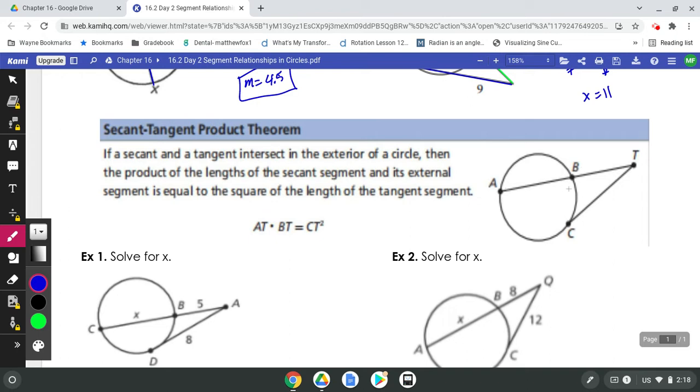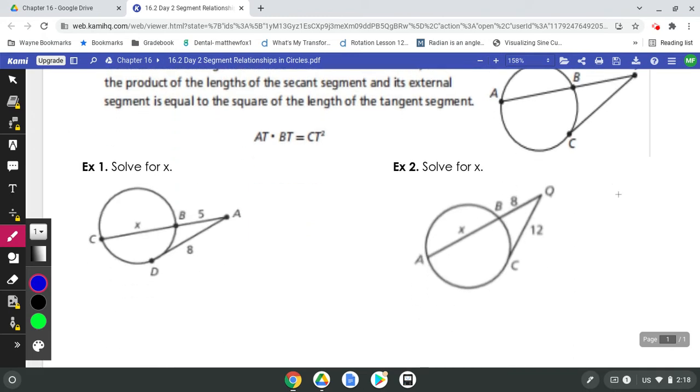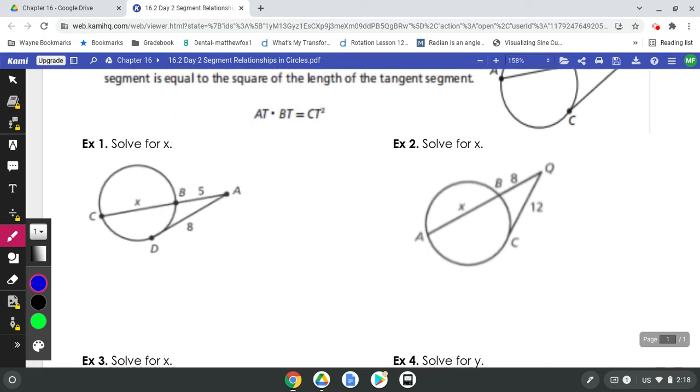Now, just like before, do you see how AT represents the entire secant? BT represents the exterior part. We'd multiply those together, except it equals the tangent. We square the tangent. Okay, so we look here at example 1. First thing we're going to do is find the entire secant.